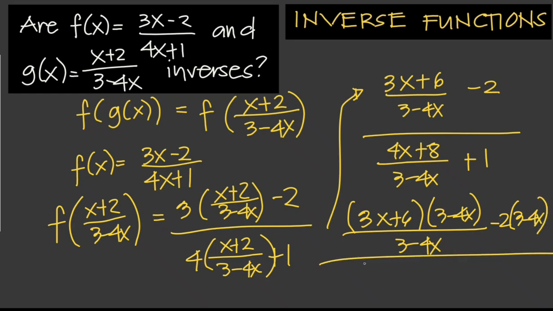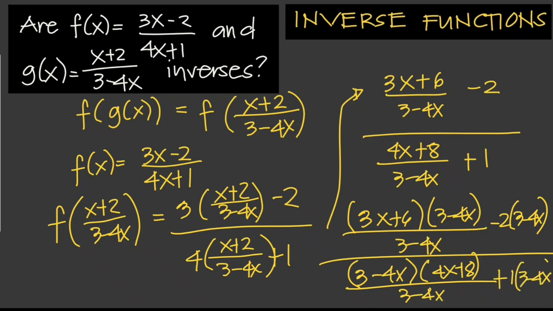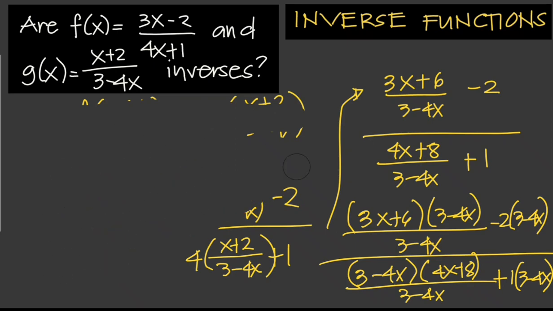Our denominator would be 4x plus 8 over 3 minus 4x, plus 1 times 3 minus 4x. And then we simplify this. We reduce fractions here.